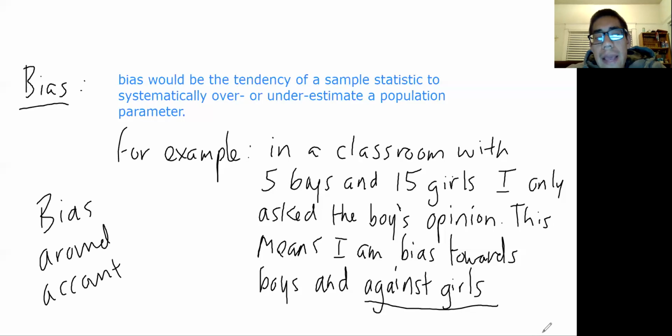So, for example, in this case, if I'm biased against girls, and I knew this and I wanted to make it more equitable, what should I do? Well, in this example, it's obvious. I need to ask for the girls' opinion. Given that there's more girls in the class, I need to take their opinion and perhaps also weigh it possibly a little bit more than the boys because there's so many more girls in this class.